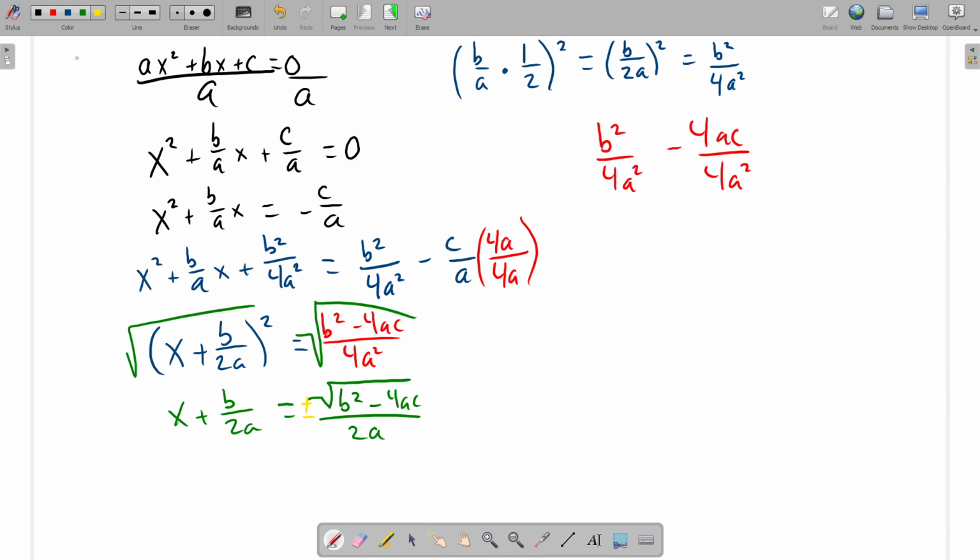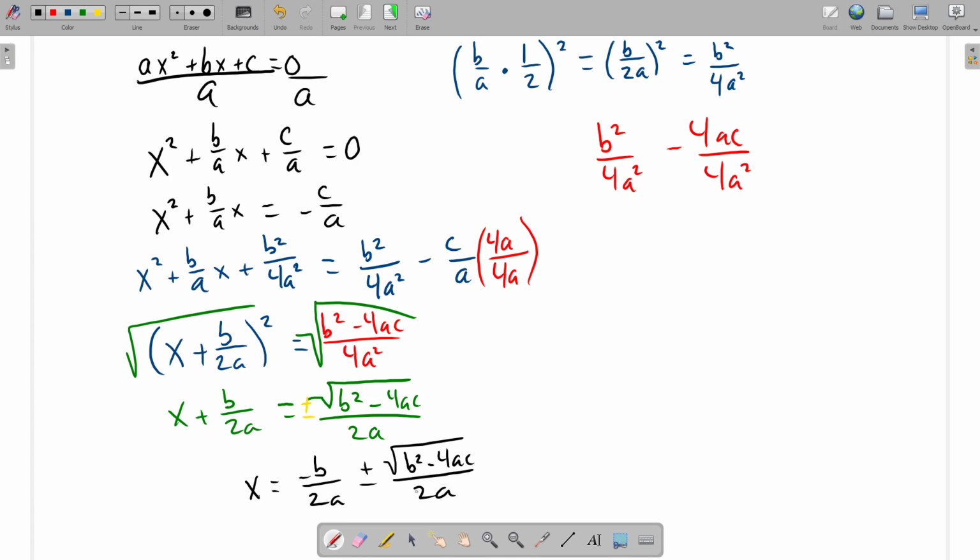So now the last thing that I have to do to get x is just move this b over 2a over to the right side. So x is equal to negative b over 2a plus or minus the square root of b squared minus 4ac over 2a.